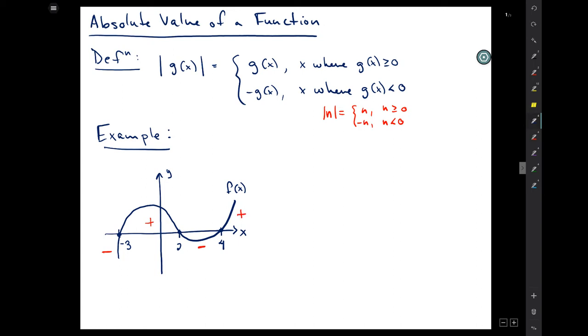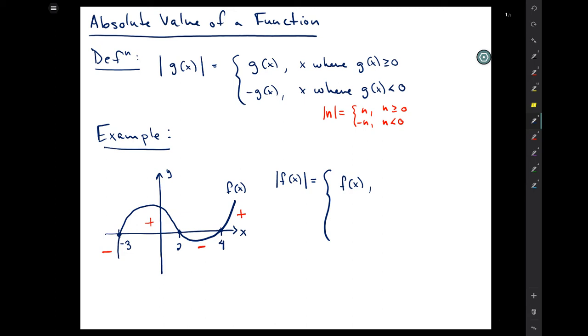So if I were going to write down the absolute value of f of x, and remember, I don't actually know what the formula is for f of x, I just know from the picture where it's positive and negative. If I was going to write down the absolute value of f of x as a piecewise defined function, I know wherever my function is positive, I just use the regular value for f of x.